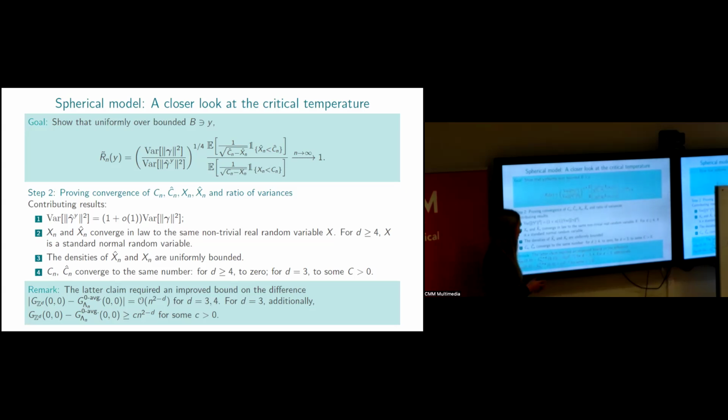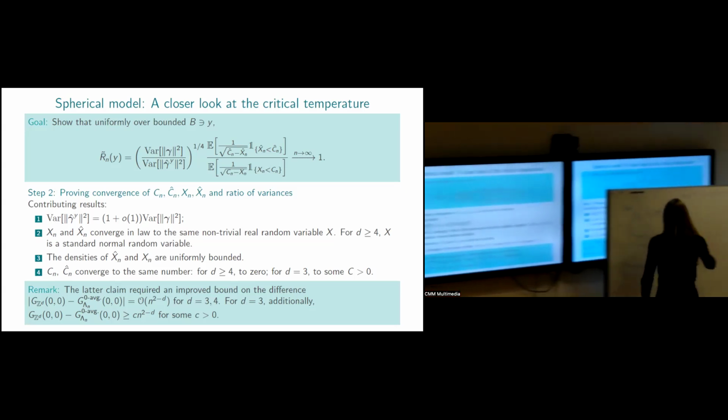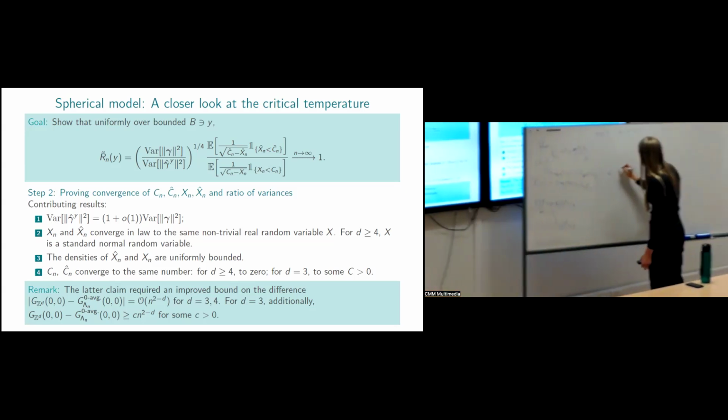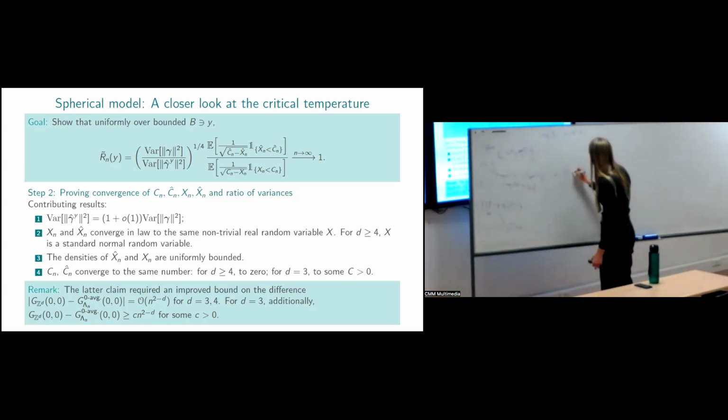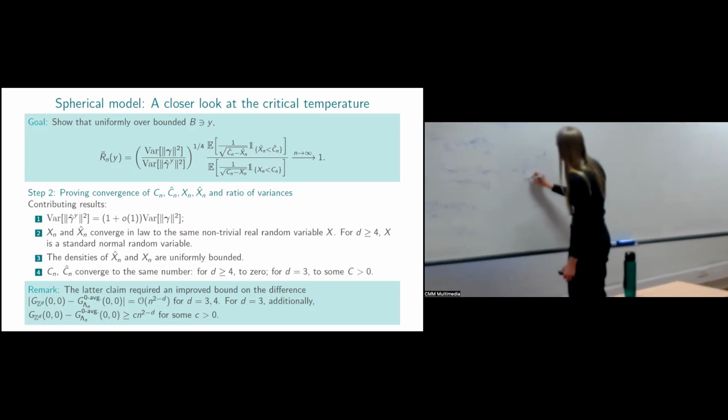But thankfully, we found that the function actually differed by just n^(2-d), and what we proved is that the G0 average lambda n (x,y) minus G_{Z^d}(x,y) is less or equal than some constant times the distance between x and y to the power 2 minus d.